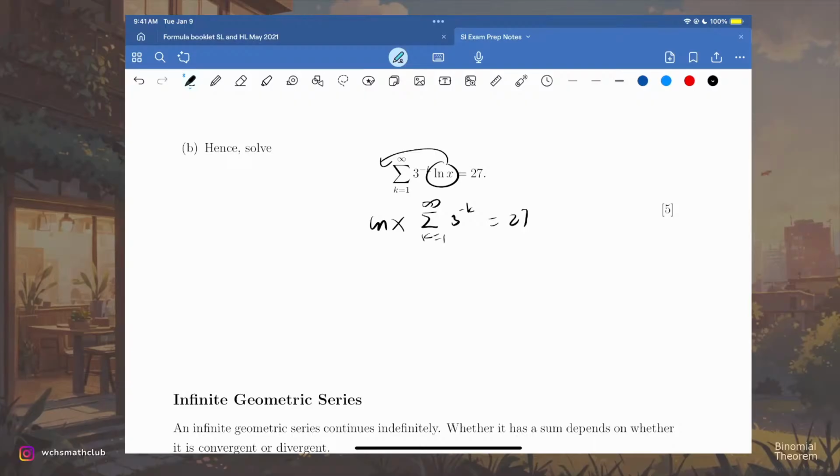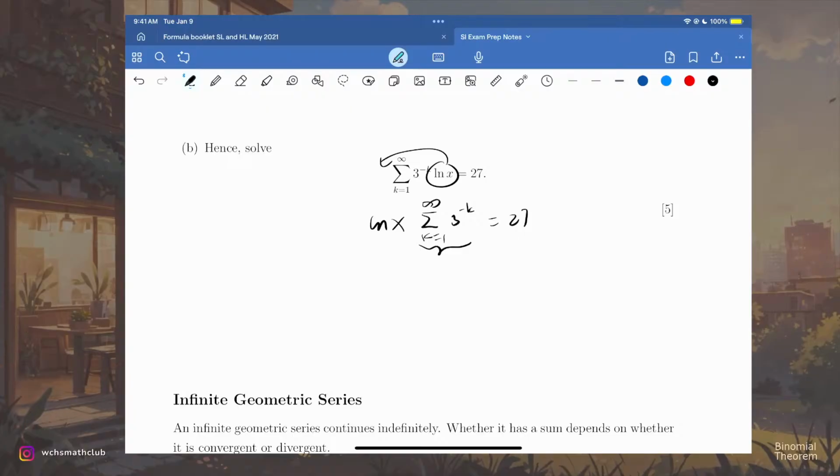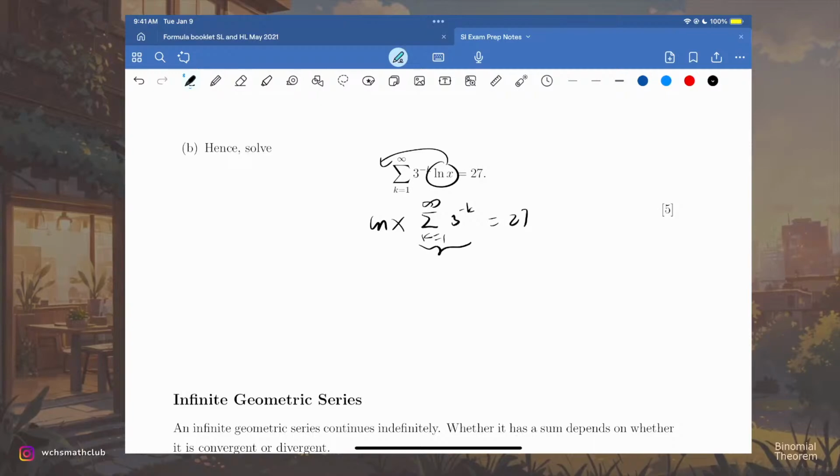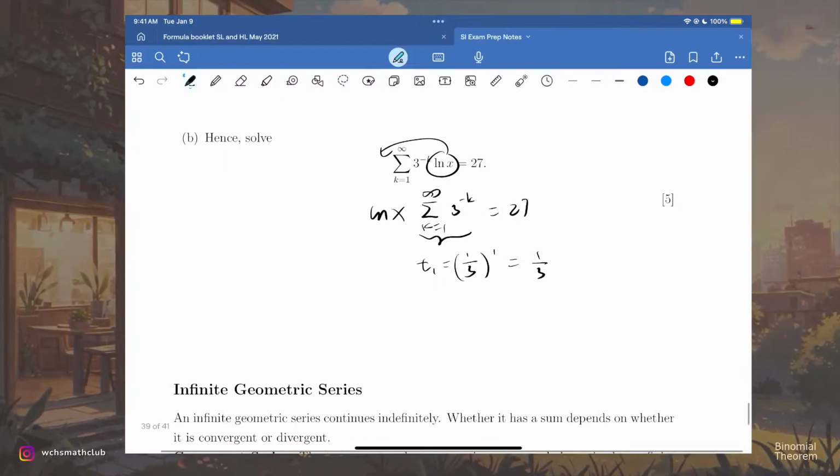Now we want to calculate the sum. For this sequence, t1 equals 1 over 3 to the power of 1, which is 1 over 3.